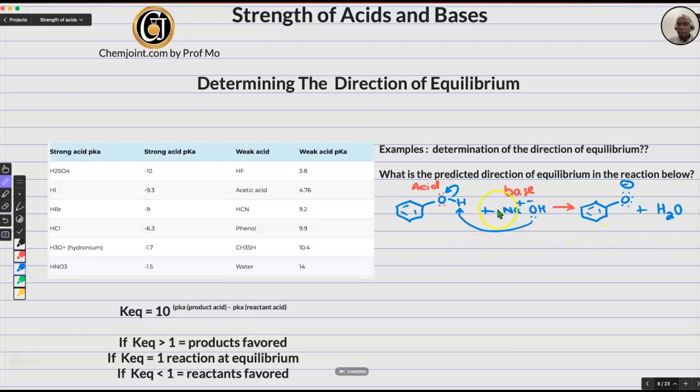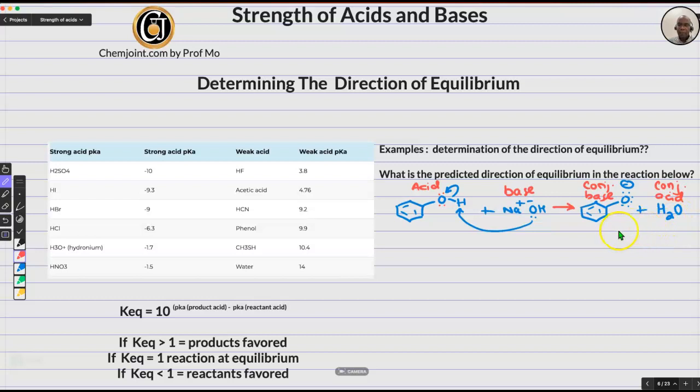Now on the product side, this will be the conjugate base, of course, the negative charge tells me that, and the water is going to be the conjugate acid. Part of the structure of the water came from the base, so we call it the conjugate acid.